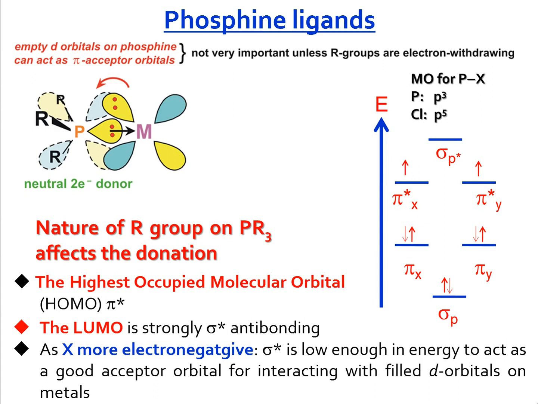Phosphine ligand is a pi acceptor if the R groups around P have high electronegativity. So by theory, in this case, it can receive.